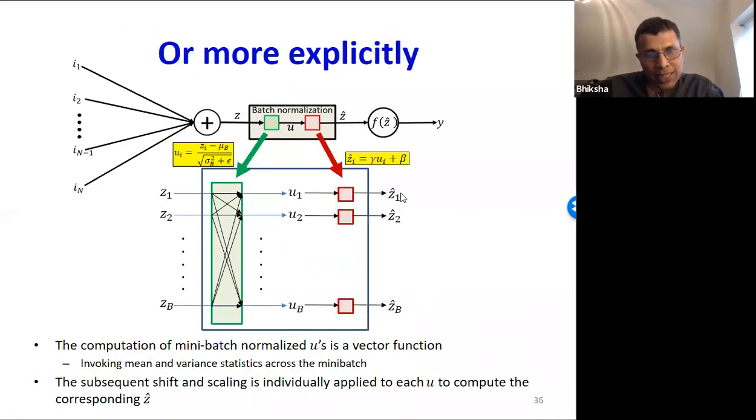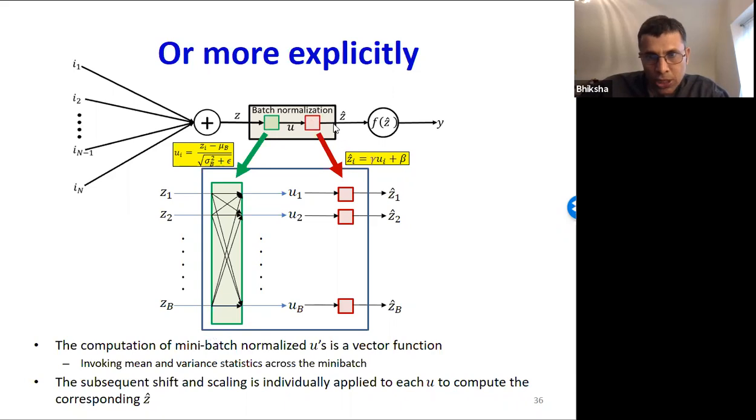So more explicitly, let's expand out the operation and compare it to the figure we originally had for the batch norm. The batch norm has two steps. The first step normalizes the entire mini batch. And the second then shifts the normalized instances within each mini batch. So if I decompose this, the first component, and only the first component, is a vector operation, because this normalization considers the mean and the variance of the mini batch.